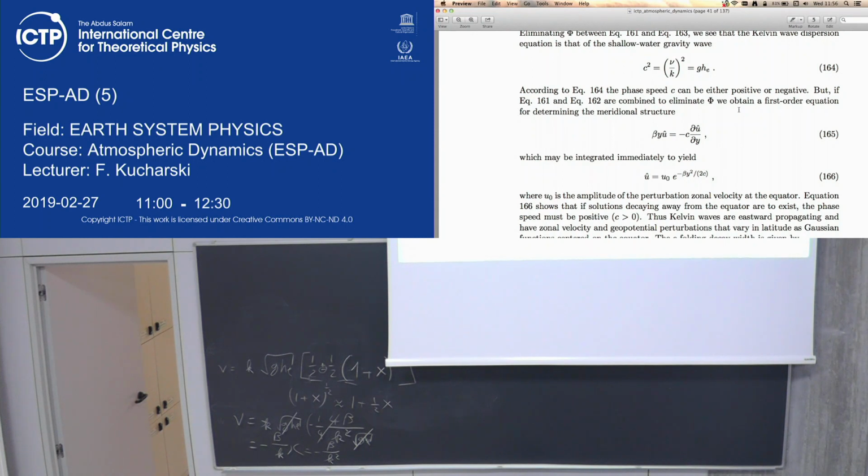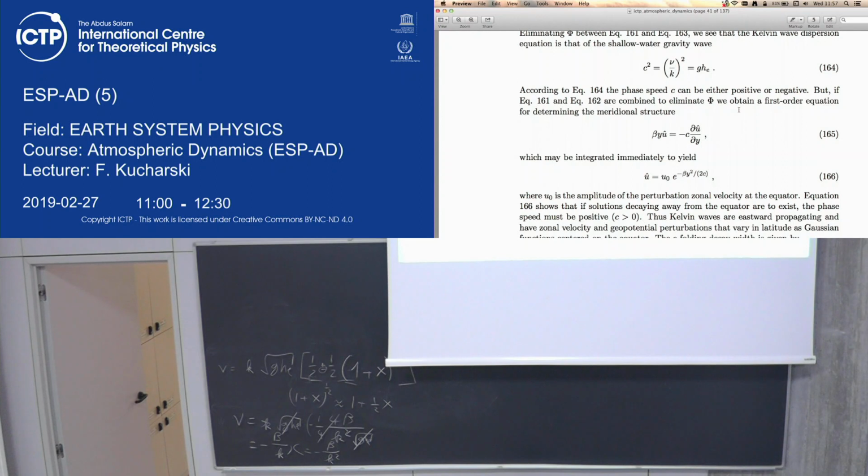But that excludes something, because if this is the solution, then a decaying Kelvin wave from the equator can only exist if the phase velocity is positive, so in eastward direction.